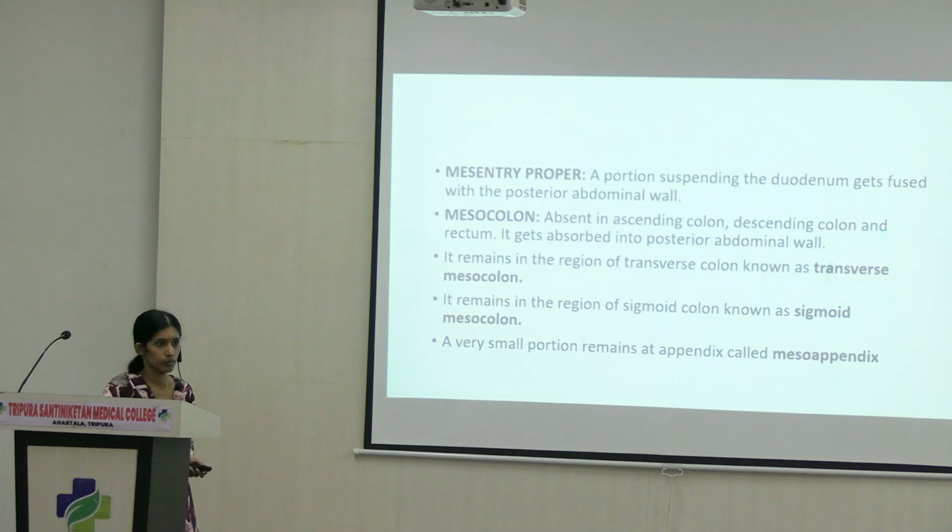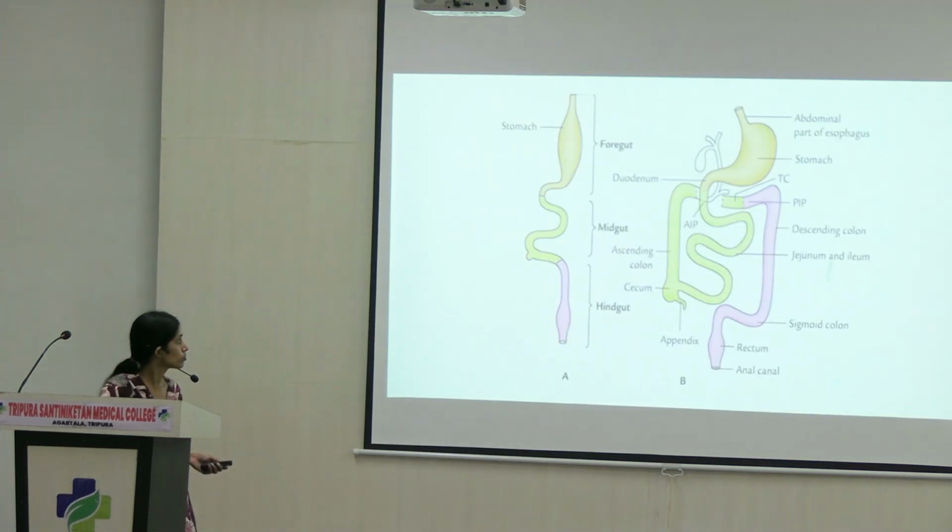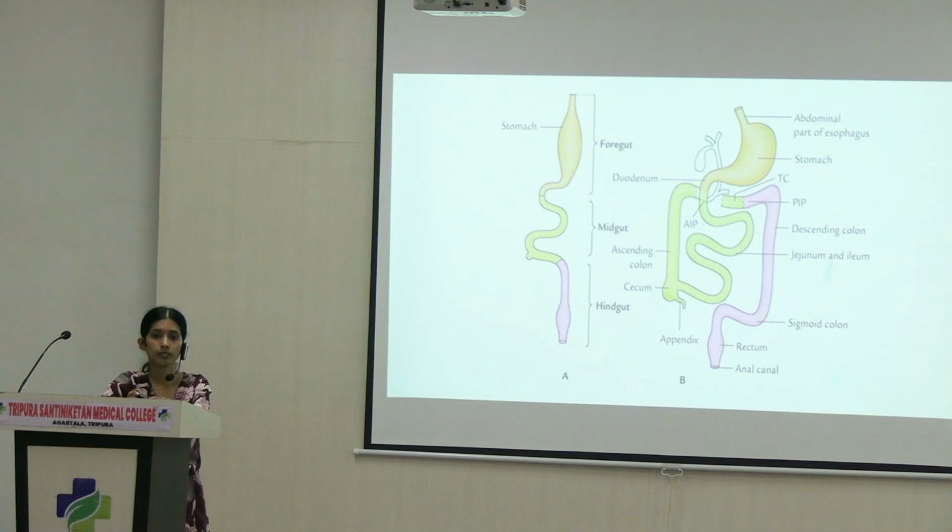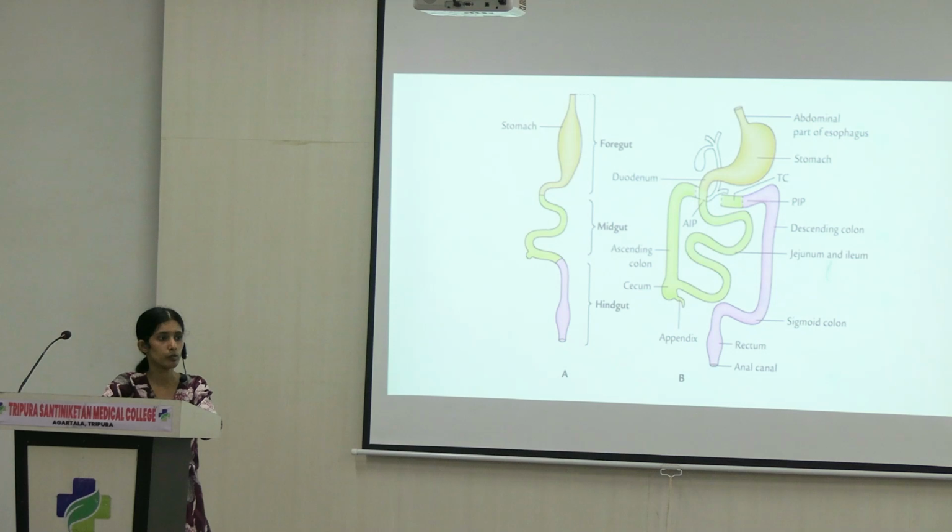So what is mesentery? It is the folding of peritoneum that connects your abdominal organs to the posterior abdominal wall. On what basis are we dividing the types of mesenteries? Based on the region it is present in our body. Around the stomach we call it mesogastrium.